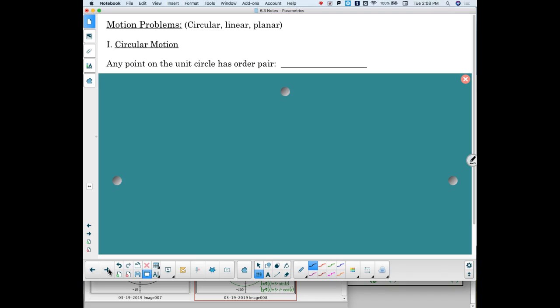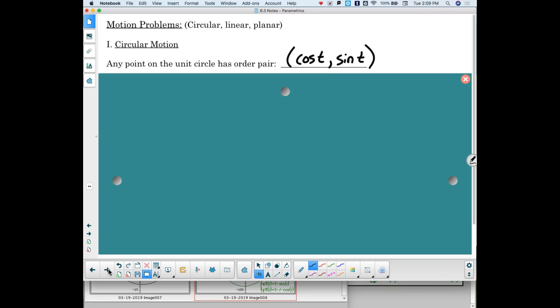So it has an ordered pair of cosine of t, sine of t. If I wanted to make the parametric equation for the unit circle, my x function would be x of t equals cosine of t, correct?